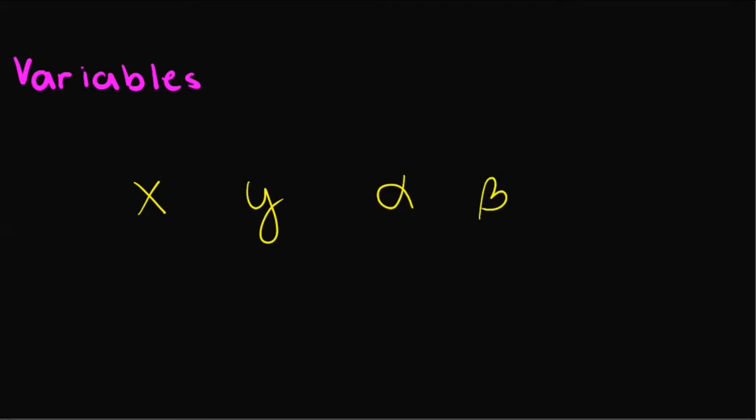So variables are not necessarily just the alphabet letters. It can also be Greek letters. But the key thing is that these values are unknown. So for this one, x can be equal to 1, 2, 3, and such. So it can be any value.